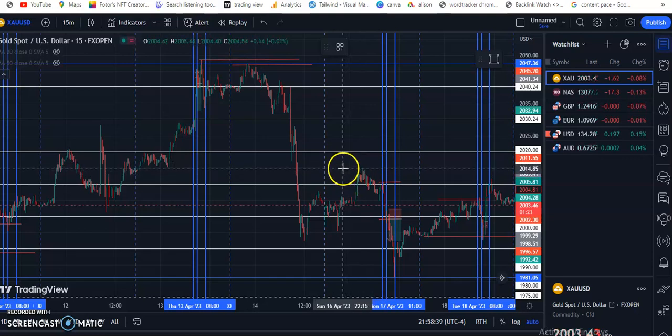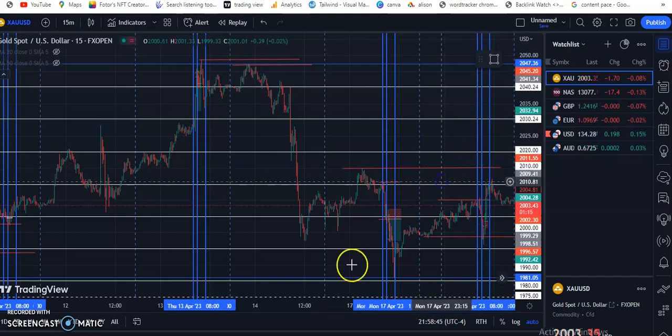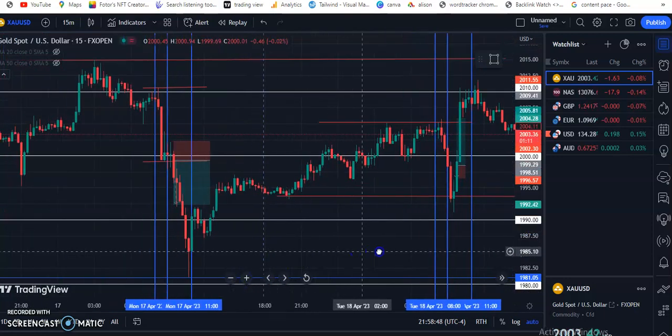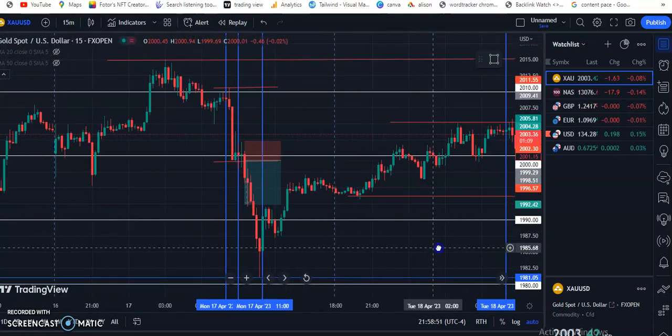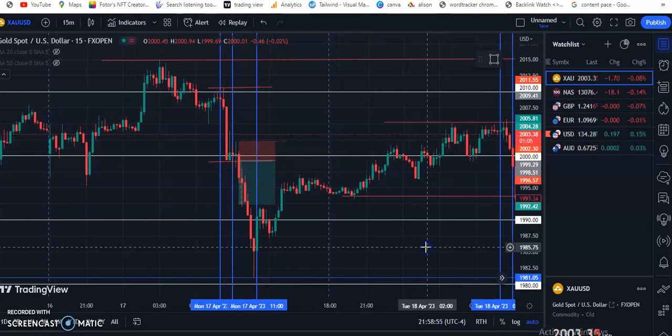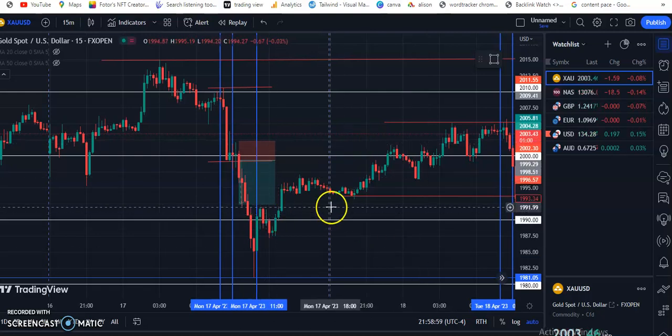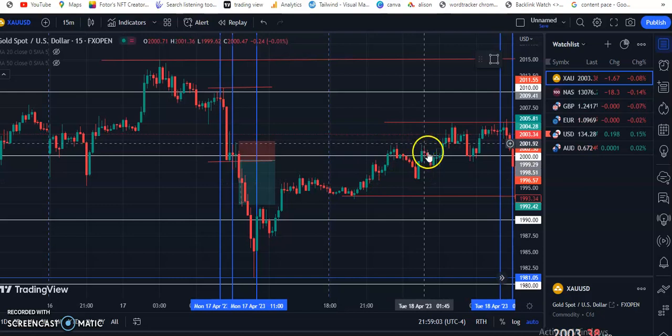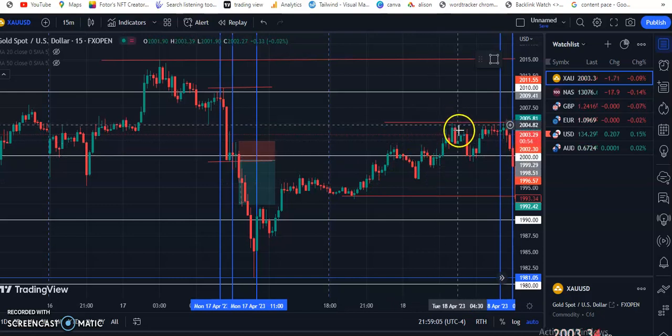As you can see. Now, prior to the New York window opening, the market was just going up slowly in stairs. It's okay.